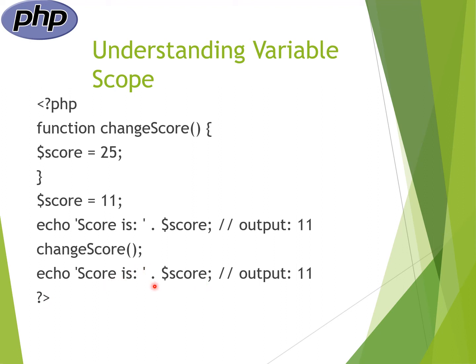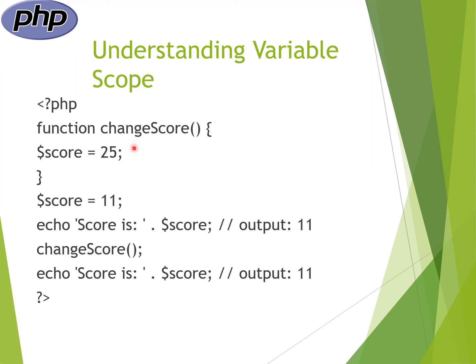Here also score is 11 will be printed, because $score is equal to 11 and we are not changing the value here. So the last statement's output is also 11. Another point is that the score defined in the changeScore function is limited to this block. So this is a local variable of the changeScore function.